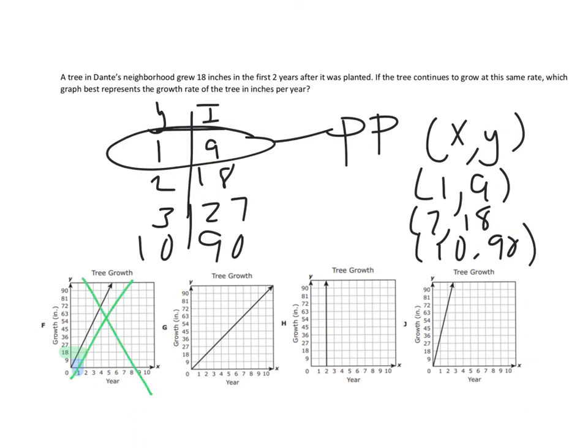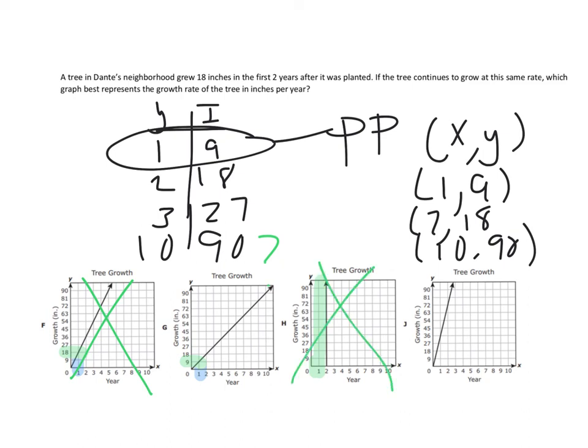So let's take a look at answer choice G. So x value of 1, y value of 9. So maybe, right? It's a maybe. We've got to check all of these to see if anything else lines up with that. If we look at answer choice H, there is no perfect point on the x. We need the line to at least be crossing 1, so we know that's not the right answer choice.